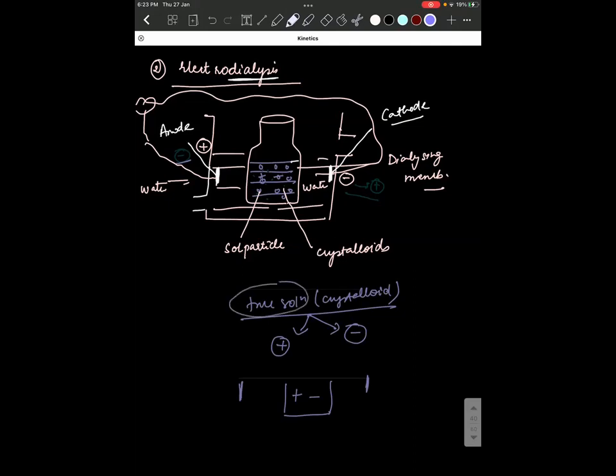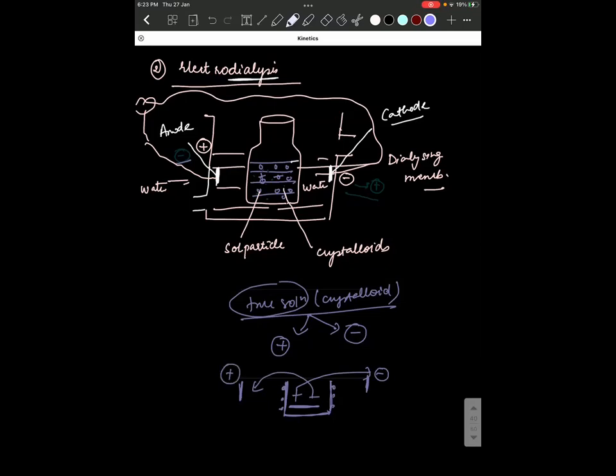Why only true solution will get attracted? Because here we have a dialyzing membrane also, which is having holes equal to the true solution particle size, right? So only true solutions can come out of this. Now true solution particles have positive charge and negative charge. So these positively charged particles will get attracted towards cathode, and negatively charged particles will get attracted towards anode, right?